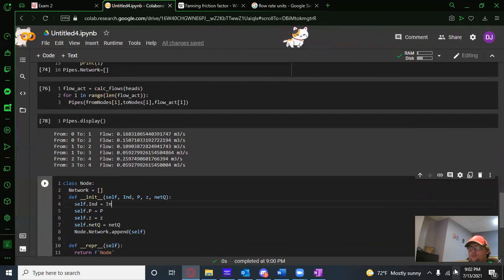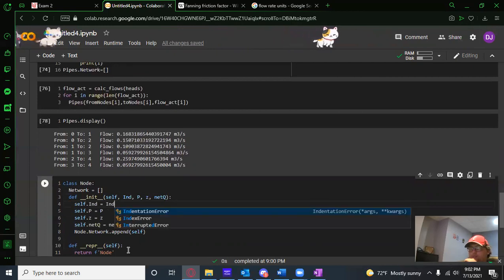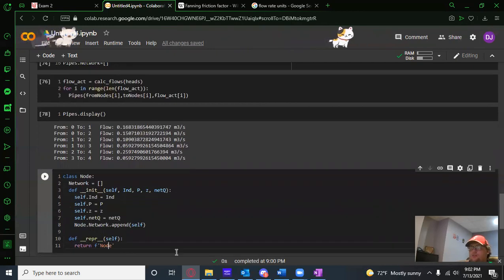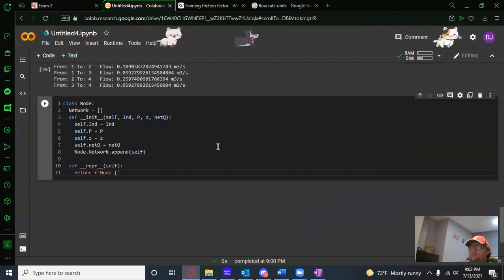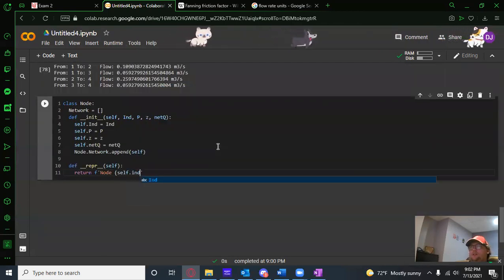Index equals index. All right, so we have node, self.index. Tab it out.